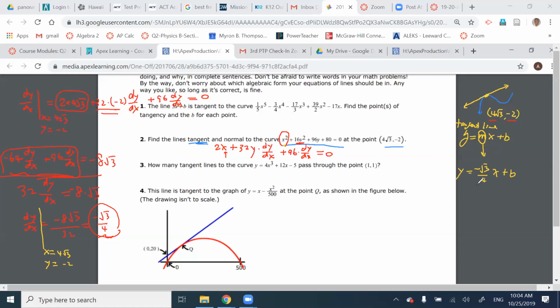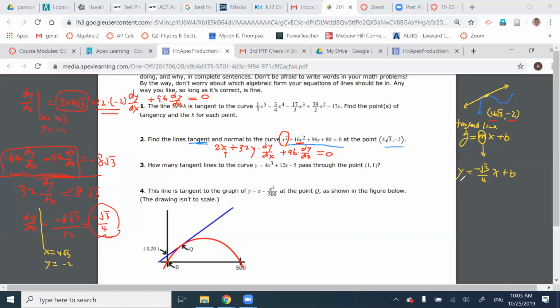Zoe, any questions so far? No question. Armando? No. Okay. And then, did we find the equation of the tangent line now? Yes or no? Zoe? Amanda? No. Why no?